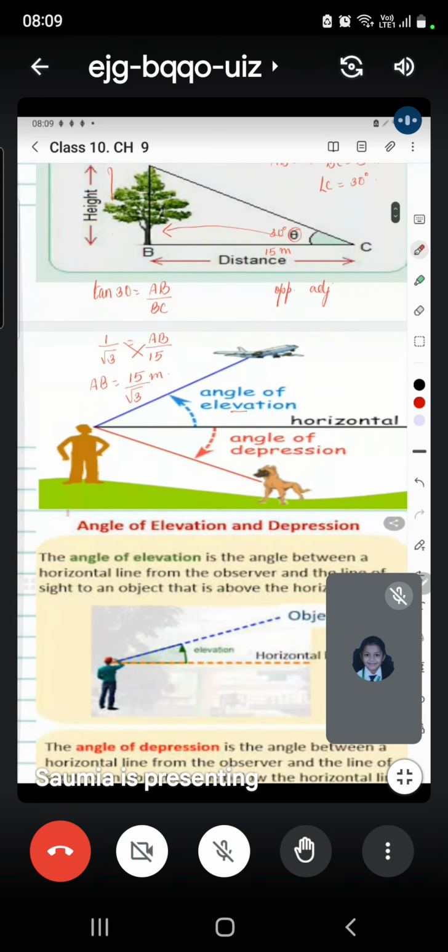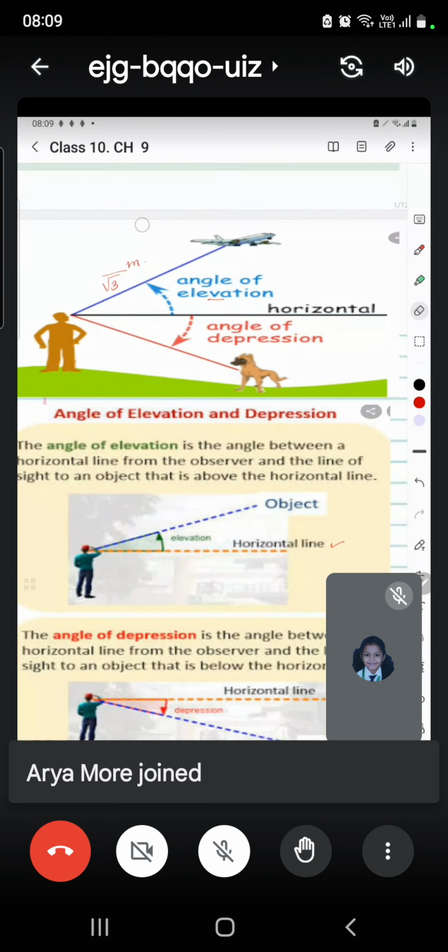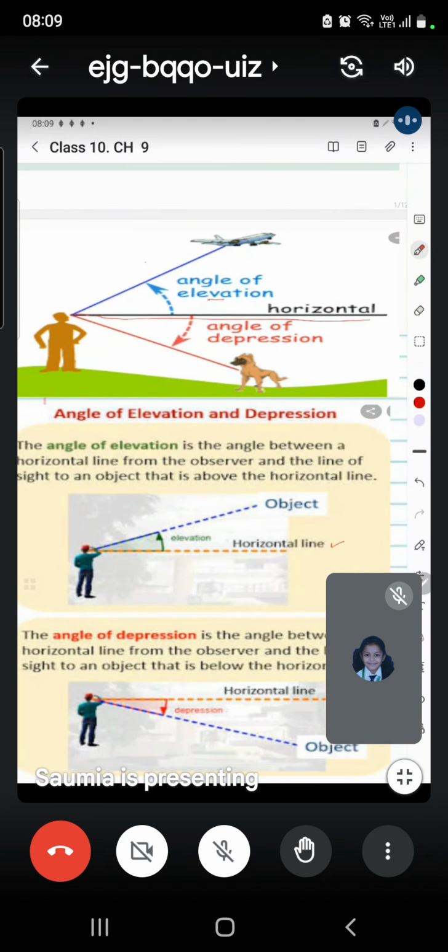Now another important term in this chapter is angle of elevation and angle of depression. Look at this person standing here. If he looks straight, his line of vision is this. That's called the horizontal, or the normal line of vision. Now, if he has to look at this aeroplane, he has to look up.